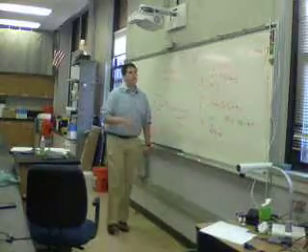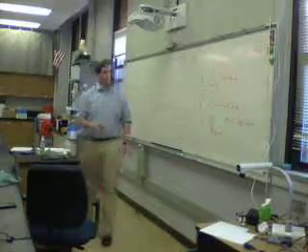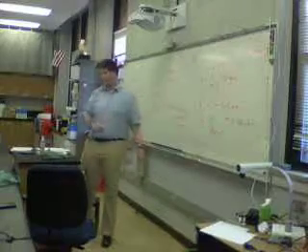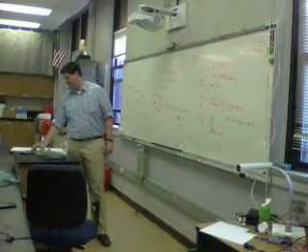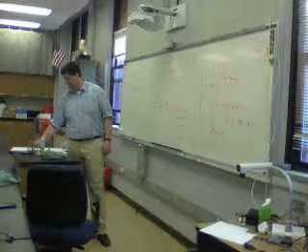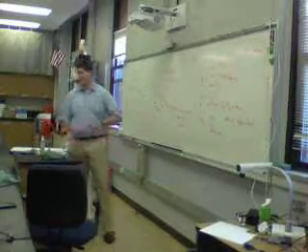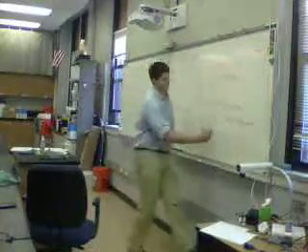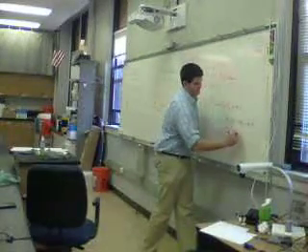You subtract it over, you get negative 5m equals negative 450. Did I do that right? Divided by 5 gets us 90.